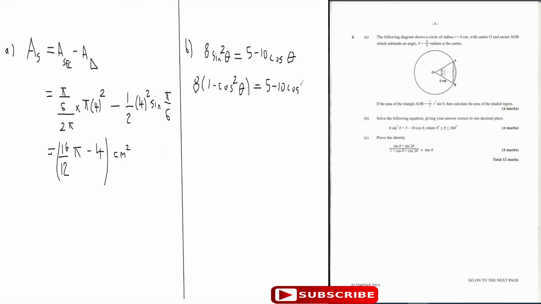Nice and easy. Now we can expand this to get 8 minus 8 cos squared theta, and that's equal to 5 minus 10 cos theta.